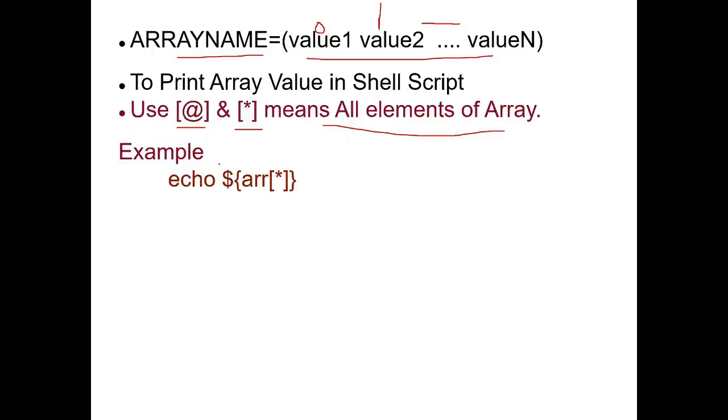Example. See, this is the way to print all the elements. You can use either star here or the @ symbol. You need to include the curly brackets and the square brackets so that it will print all the elements of the array.